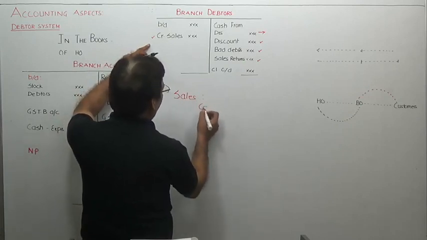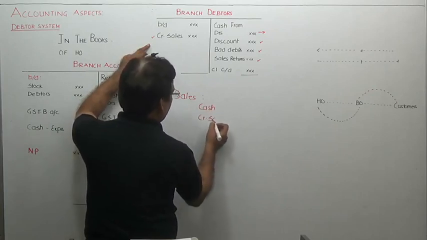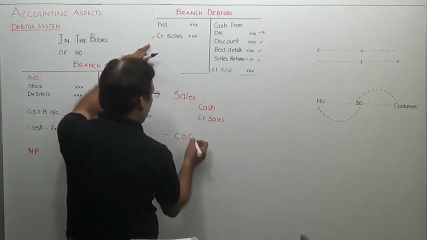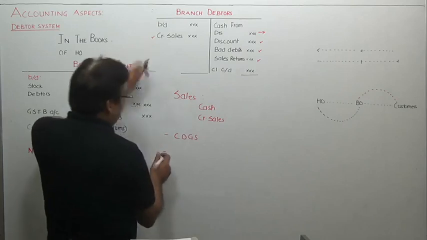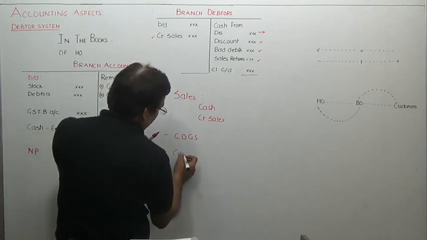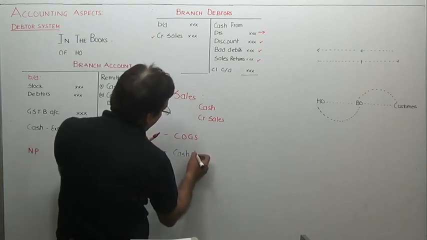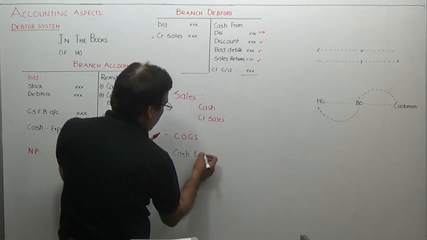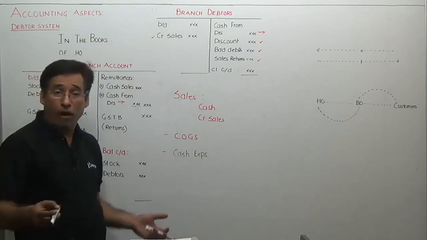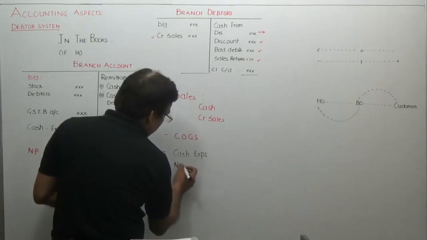Unless I have the cost of goods sold, and unless I have cash expenses and non-cash expenses, like depreciation, I cannot arrive at the net profit.